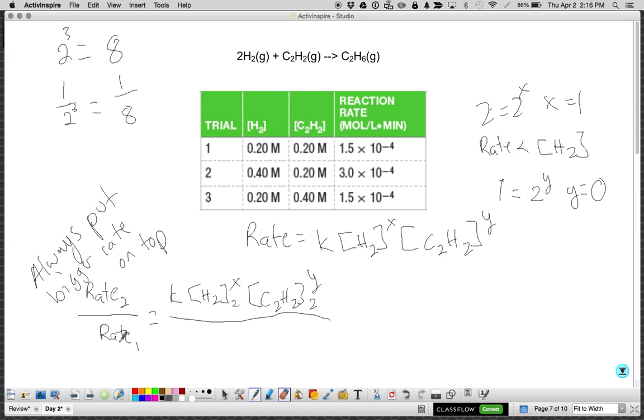And I can say the same thing on the bottom, because I know that the rate equals all this stuff. K times the concentration of H2 in 1 to the x, C2H2 in 1 to the y. Okay, now let's simplify. I know that the k's are going to cancel out because they're the same. The H2's are not going to cancel out.